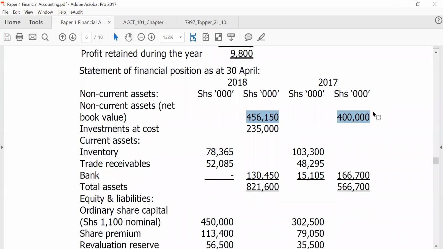Now, there's another item here called investment at cost. Now, this investment at cost didn't exist. There's nothing in 2017, it's just zero. But then we have a figure in 2018, which means that we acquired some investments during the period, which means there's an outflow.